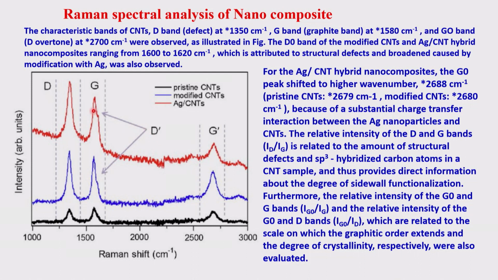By looking at these main bands, the D, G and G prime, their intensity ratios, their positions, and the structure, there is a little structural variation. Through the intensity variations you can talk about the presence of this modification on the CNT and the binding of the silver to the modified one.